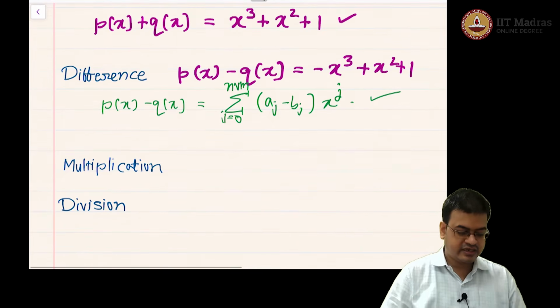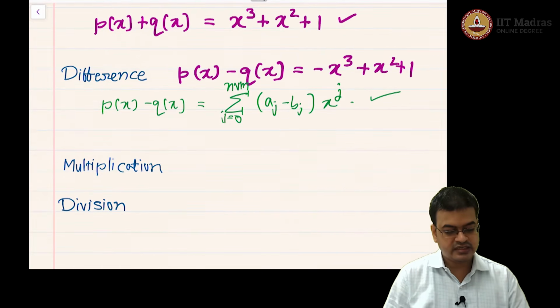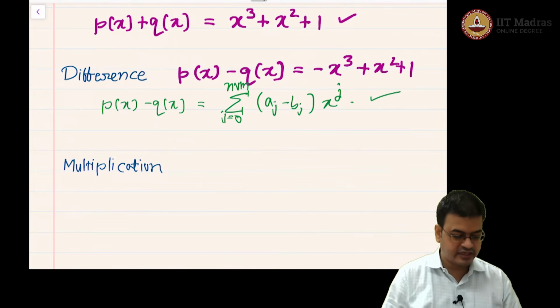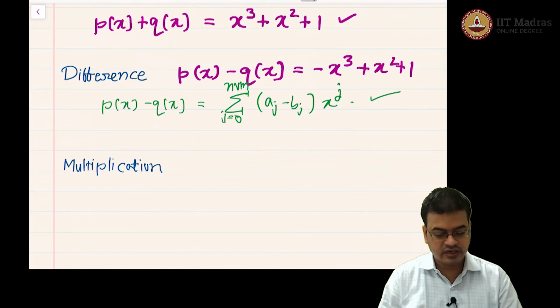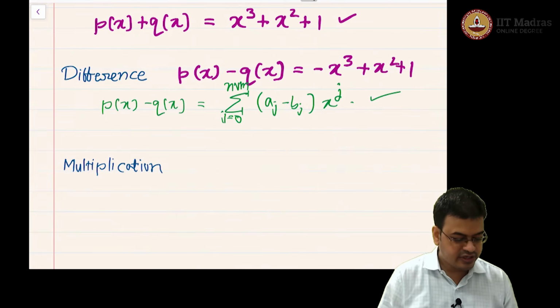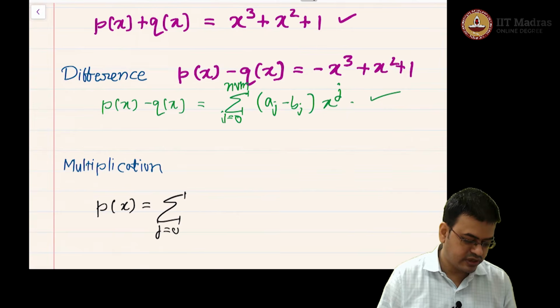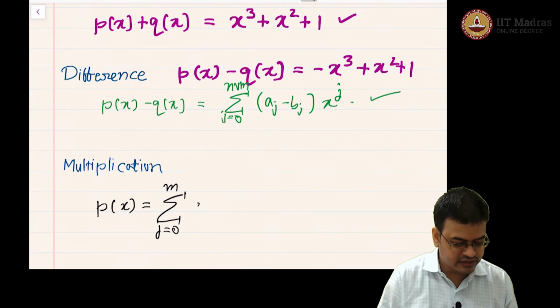The main trick comes when you are using multiplication and division. So let me focus on multiplication first and then we will go on and do the division. So I have been given a polynomial of the form p(x) which is equal to the summation over j equal to 0 to n of a_j x raised to j.